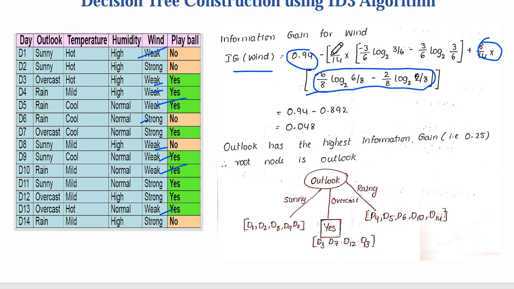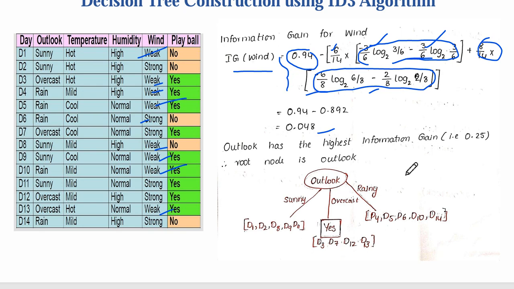The remaining 6 records are wind equal to strong. 6 by 14 into, out of 6 records, 3 belong to yes and 3 belong to no. That's why 6 by 14 into this is the entropy of wind equal to strong, and this is the entropy of wind equal to weak. If we simplify this one, we get the value 0.048.